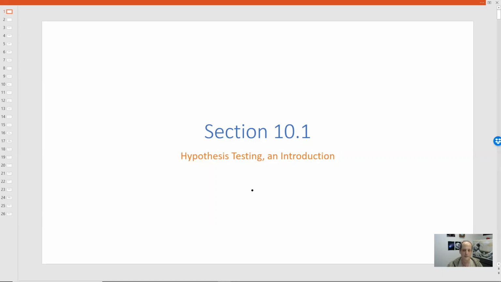Because with those confidence intervals, you got a point estimate that you used to build your confidence interval around. Well, what if that point estimate was no good, or what if the parameter itself has changed? More so, what if the parameter has changed?